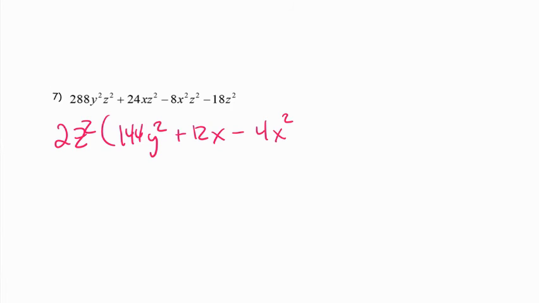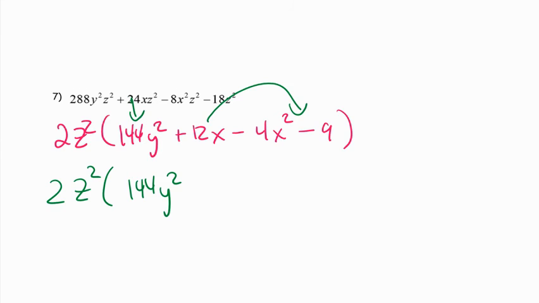On number 7, I'm going to have to take out a GCF of 2z squared. And I need to do some rearranging. This is going to be a middle term. And since this is positive, it has to stay at the front. So 144 minus, I'll go ahead and rearrange them. Change the signs.